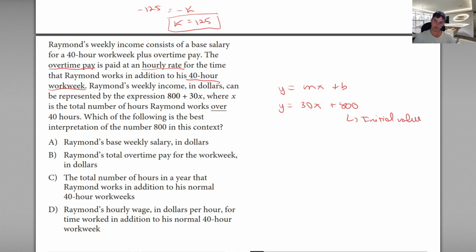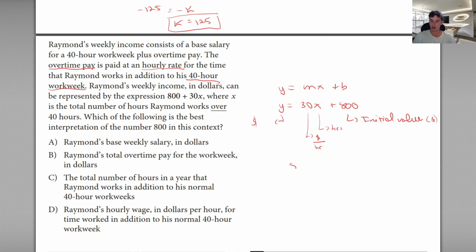So y is calculating the amount of money he makes, right? X is hours over time. And 30 would be the slope, so it's the hourly rate, right? So it's the money he's making at a certain overtime hours that he does. So this is the initial value, which is in money as well.